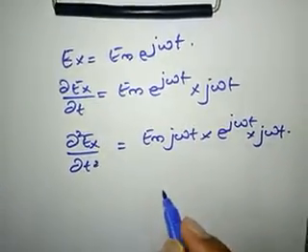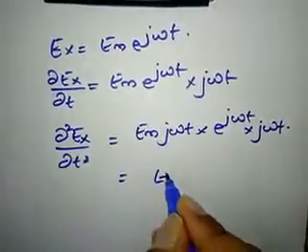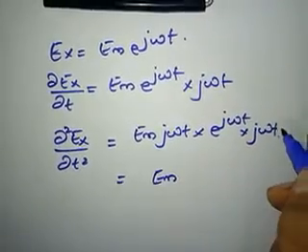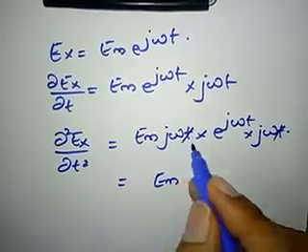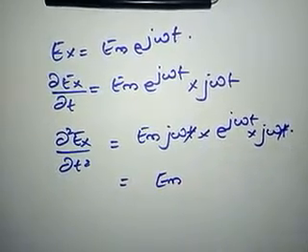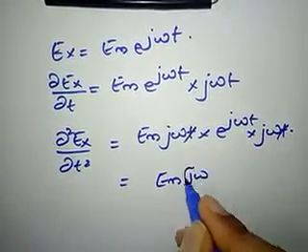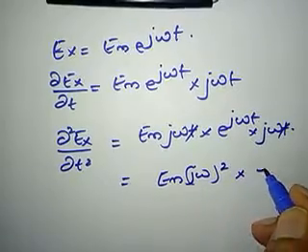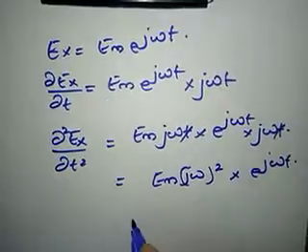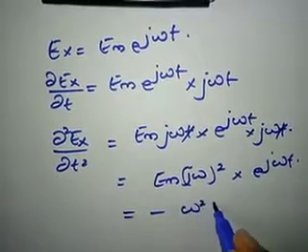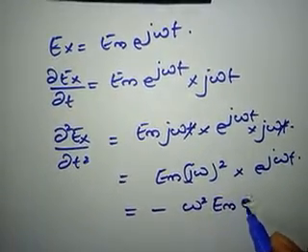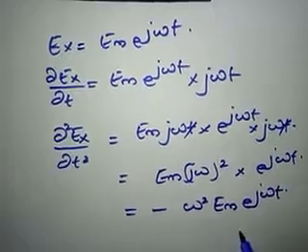So this will be equal to Em j omega square into e raised to j omega t, and j square is minus 1, so it will be minus omega square Em e raised to j omega t, right?